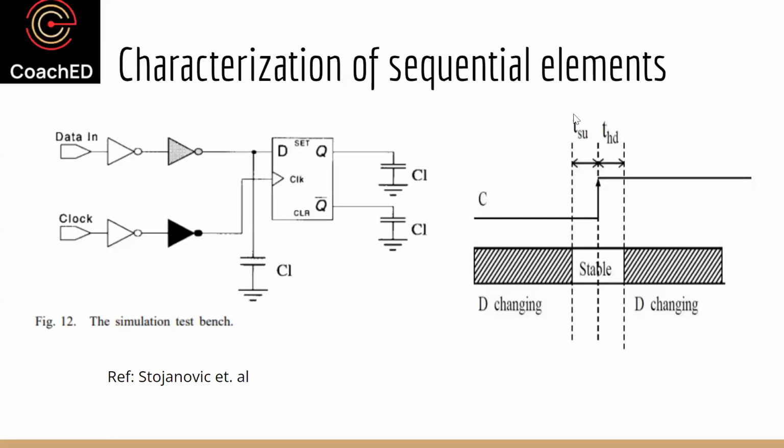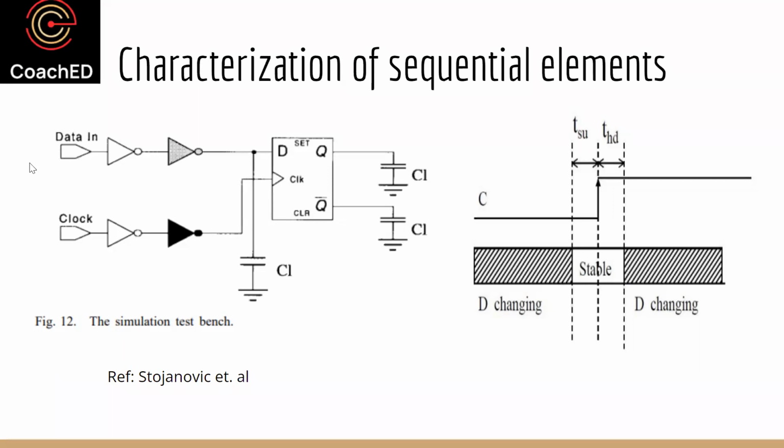T setup is setup time: how early, with respect to the clock edge, a new data must arrive and be stable. Hold: how long after the clock edge should an old data be held or retained for the output to be stable, right? So that's something which we can run with this simulation.